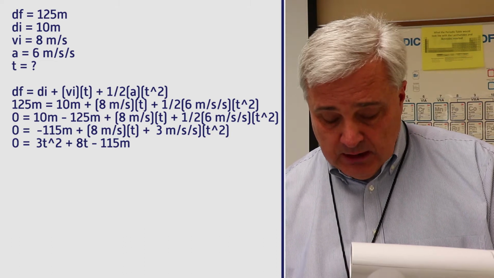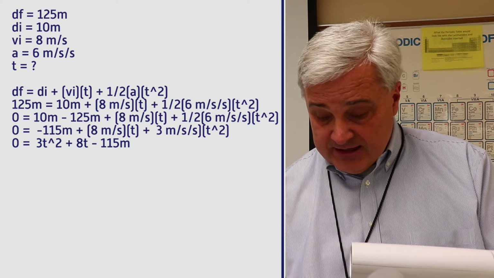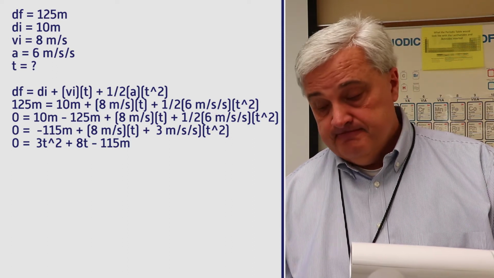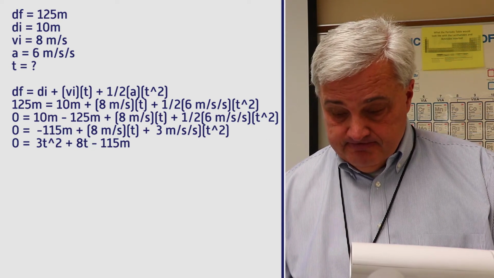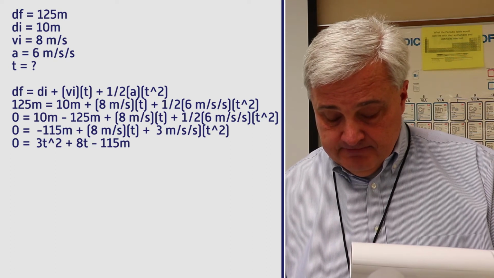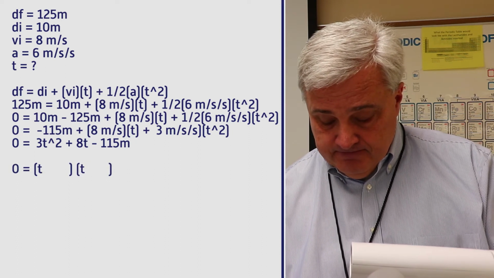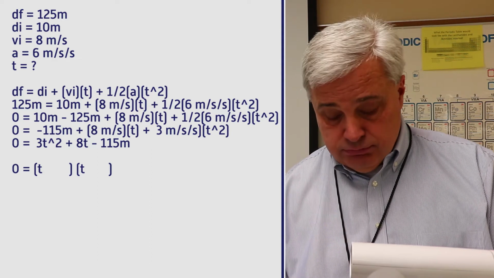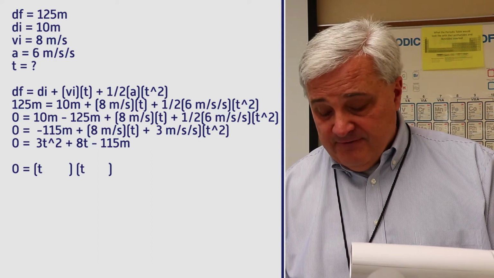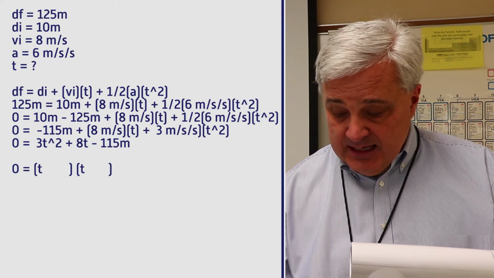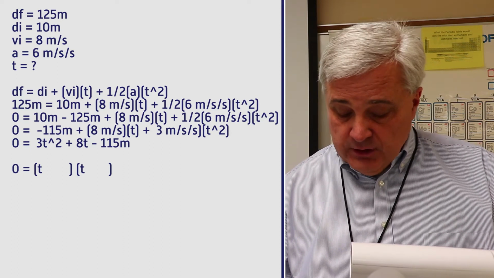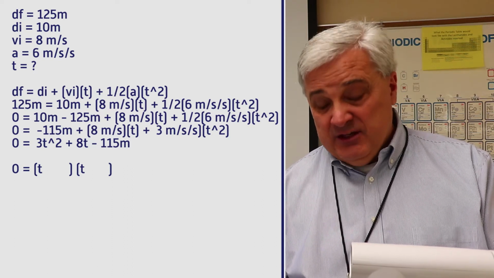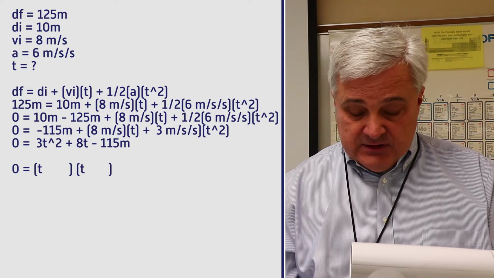0 equals, guess what? This is why we learn to factor. T is going to be there in both places. The only factors for 115 are 5 and 23. But if I take 3 times 5, that gives me 15, and 23 minus 15 is going to give me 8.